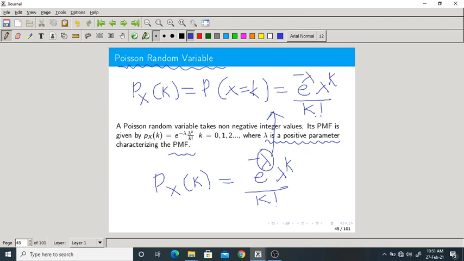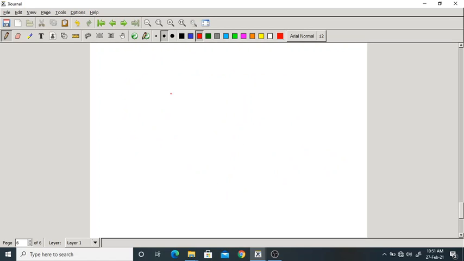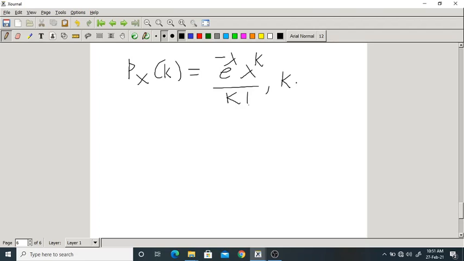Okay. Now, let me go back to what we got here: Px of k equal to e power minus lambda into lambda power k by k factorial, where k varies from 0 onwards, 1, 2, and so on.